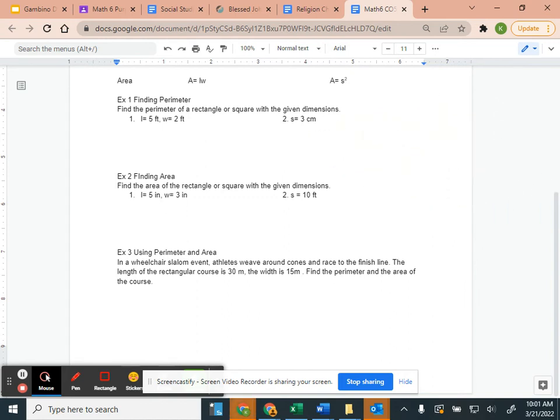All right. Our last one is using perimeter and area in real life. Like I was just talking about, we use this all the time as an adult. Not so much when you're in 6th grade, but you will use it the older you get, the more projects you do. Those of us that are painters, artists, you use this a lot.